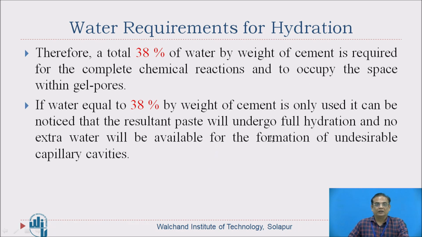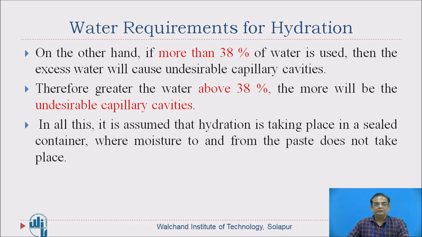So this is important. If we do not add 38% water by weight, what will happen? The concrete will not be of good quality. Please assume that hydration is taking place in a sealed container.